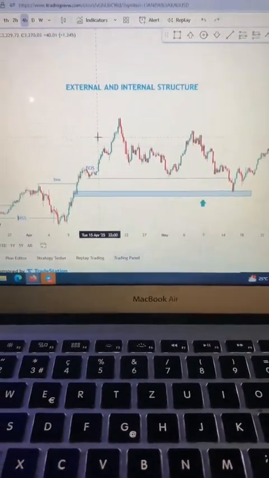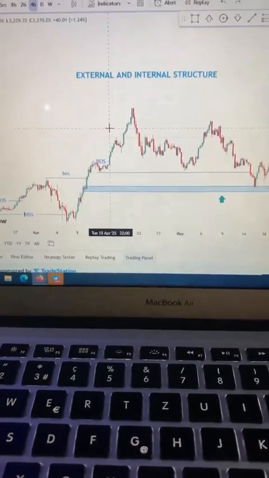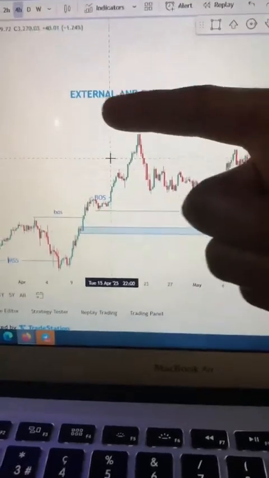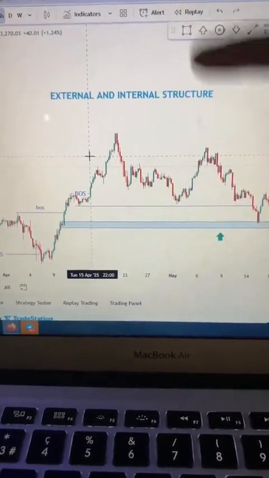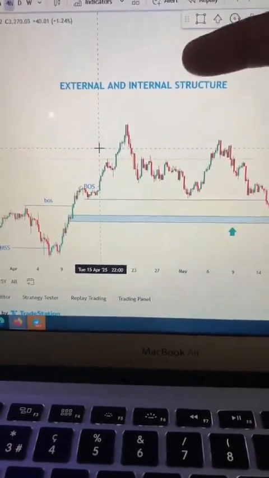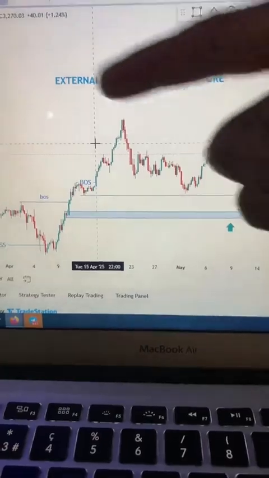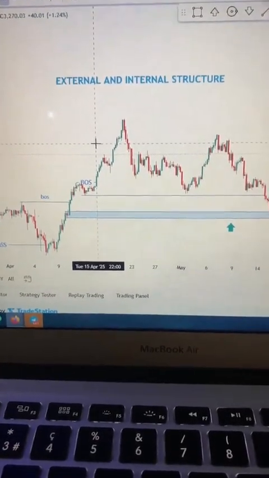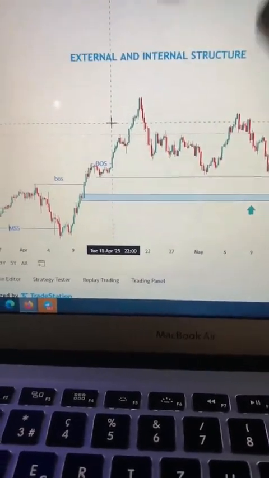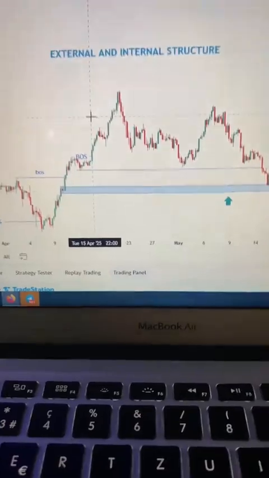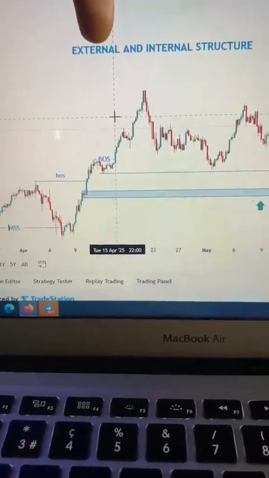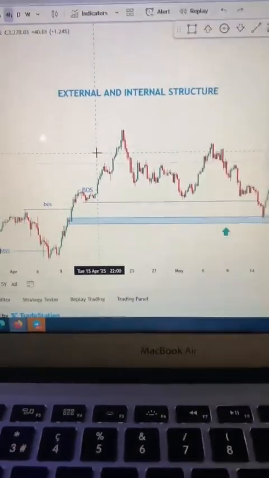Now, the answer to your problem is external and internal structure. You see these two things, my guy. If you don't understand them as traders, it will mess you up. Even if you understand one but not the other, it will mess you up.